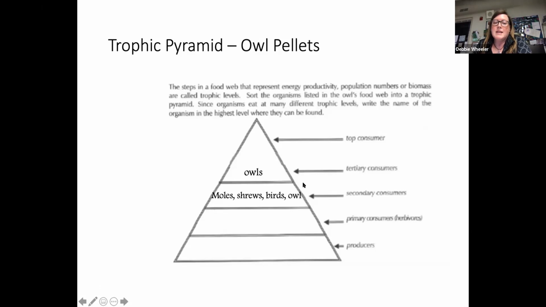Right, in that diagram, there were moles, shrews, birds, and owls. Owls could play both a tertiary and a secondary.